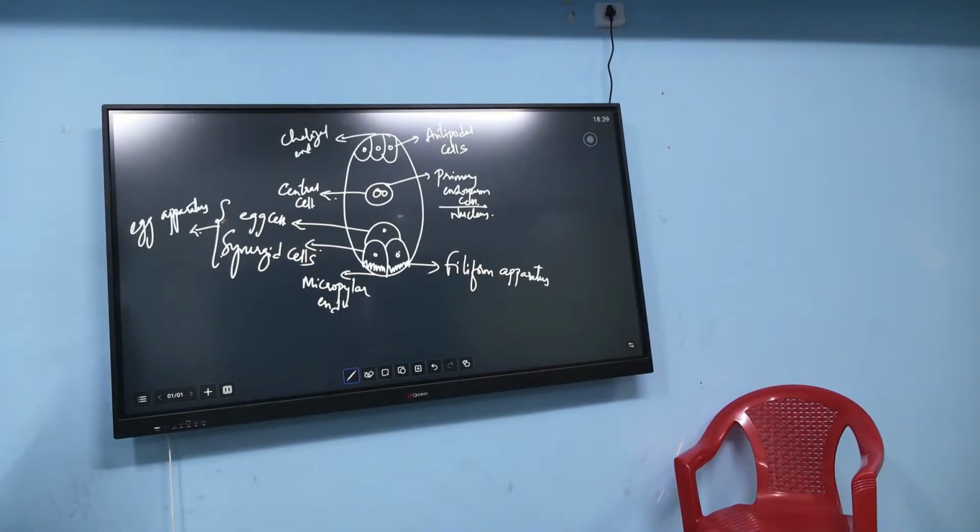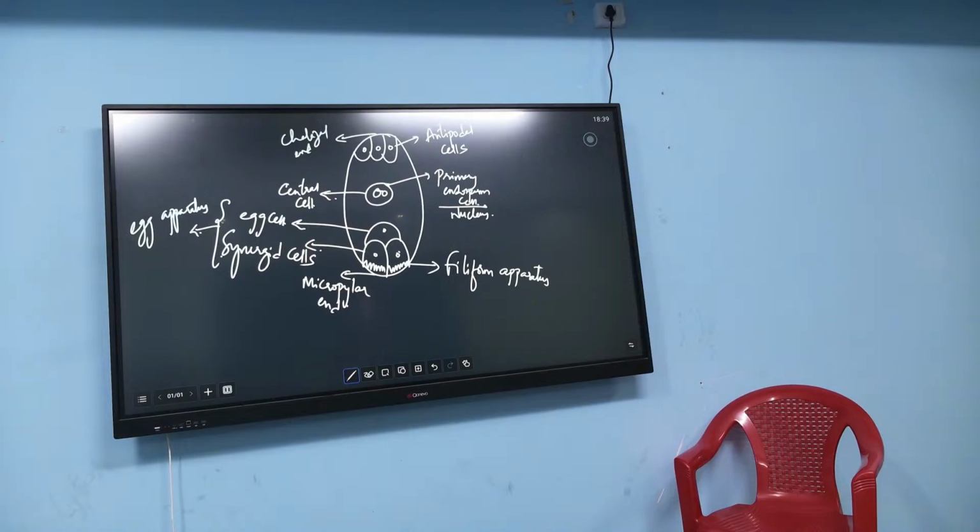Draw it. If you know this diagram, it will be very easy for you to explain the next process, called the double fertilization process. Angiosperms are special plants.